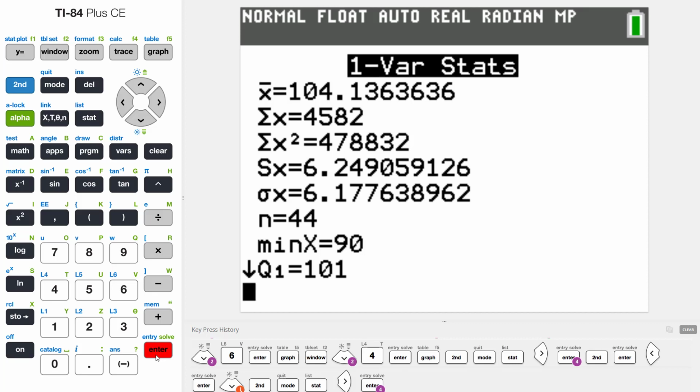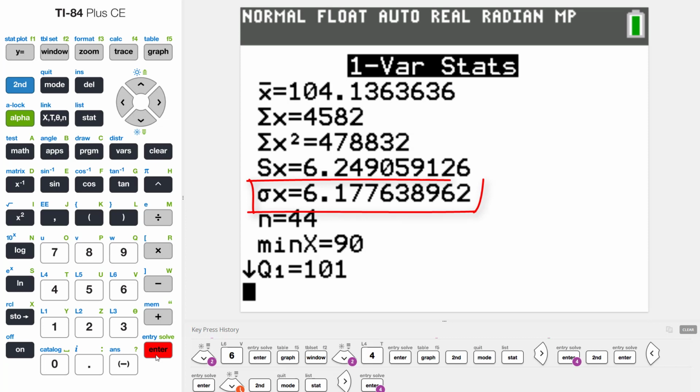Now, there are two different standard deviations, as you can read in the text. We have the sample standard deviation and the population standard deviation. Why are they different? Well, that's also discussed in the text. It has to do with degrees of freedom and estimation and so on. On this screen right here, you can see Sx, as I typically read it, and that is the sample standard deviation. That's the notation that the calculator uses.